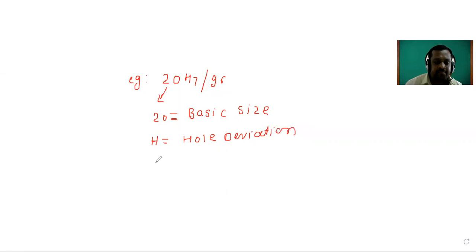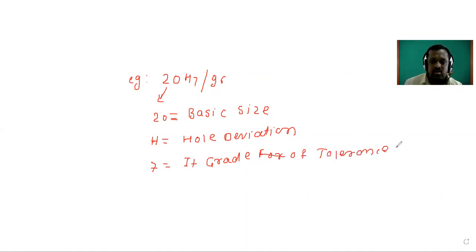Then that 7 will indicate the IT grade of tolerance for the hole. And the small letter g will indicate the shaft deviation.